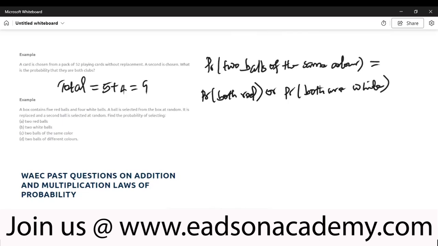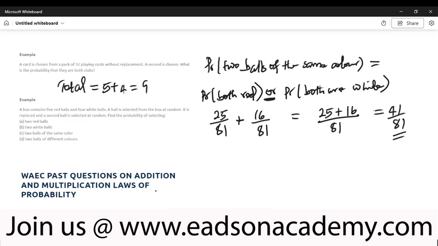What was it? 25 over 81. The probability that both are red is 25 over 81. 'Or' indicates what? Mutually exclusive. And for mutually exclusive events, we add the probabilities. So plus the probability that both are white, which is 16 over 81. The denominators are the same, so we can add the numerators. So 25 plus 16 over 81. 25 plus 16 is 41, so 41 over 81.